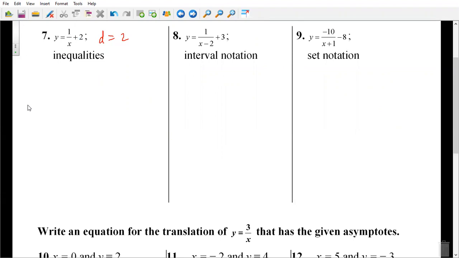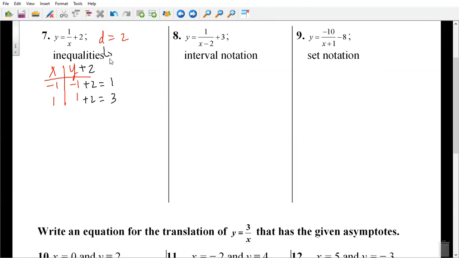Our x or our y? Our y. So if our parent function points are at -1, -1 and 1, 1, to each one of our y's we're going to add 2 because D affects our y values. So we end up with 1 and 3.